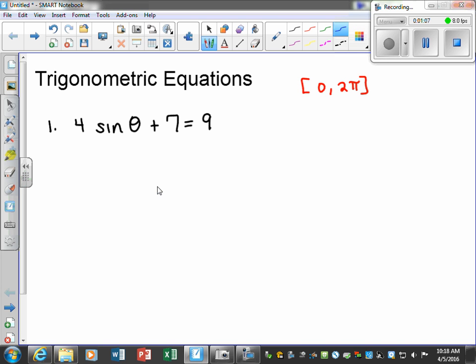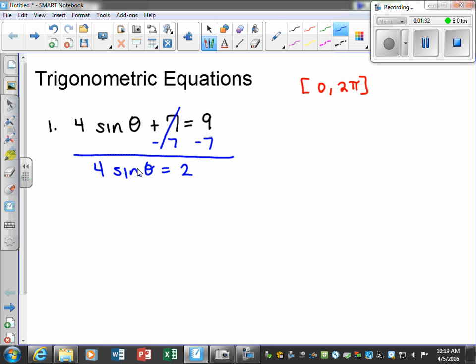Alright, so the first thing we want to do is treat this just like basic solving equations. If we're trying to get this by itself, the first thing we want to do is subtract 7. Let's move as much as possible to the other side. So I have 4 times the sine of theta is equal to 2. Now if we treated this just as an x, and this was 4x equals 2, what would be our next step?